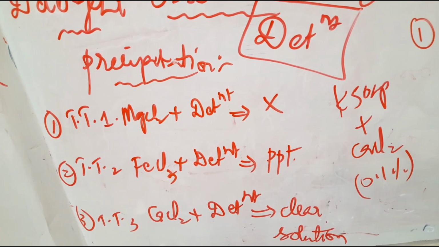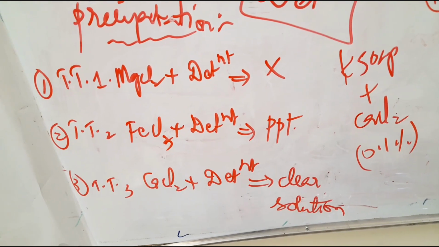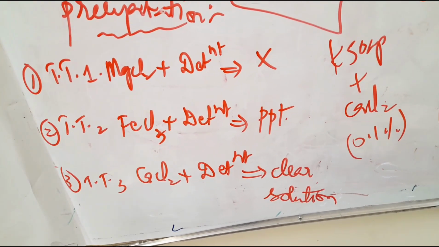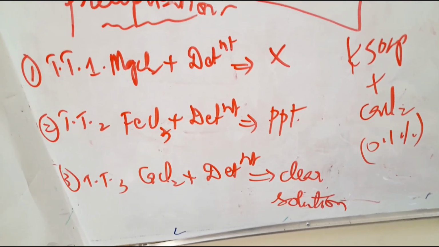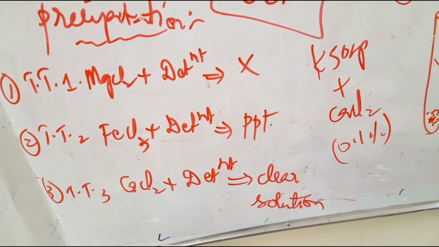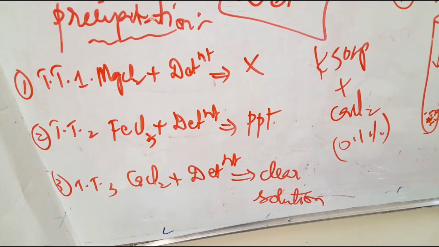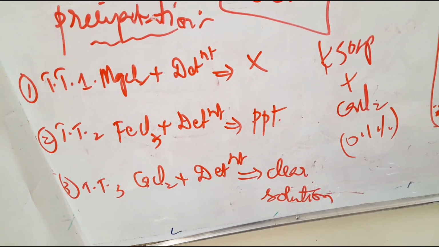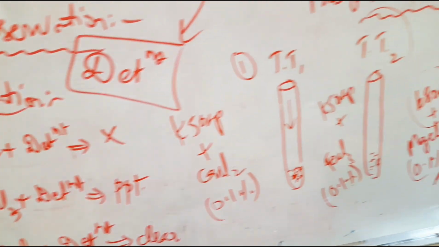You can see it forms a clear solution with magnesium chloride. And if we take calcium chloride with 1 ml of detergent, it also forms a clear solution. And with 1 ml of 0.1% ferric chloride with the detergent, it forms a precipitate. This is about the observations.